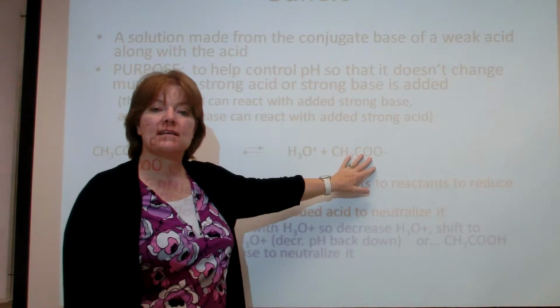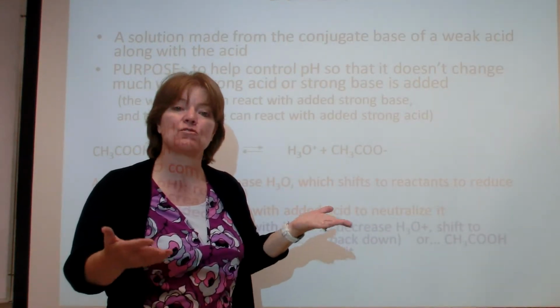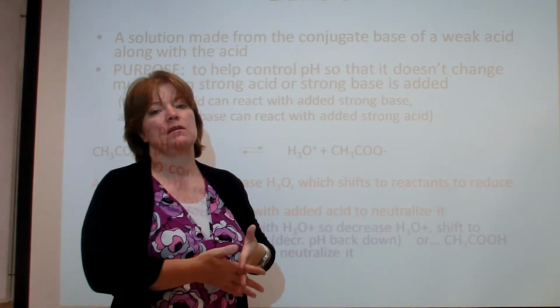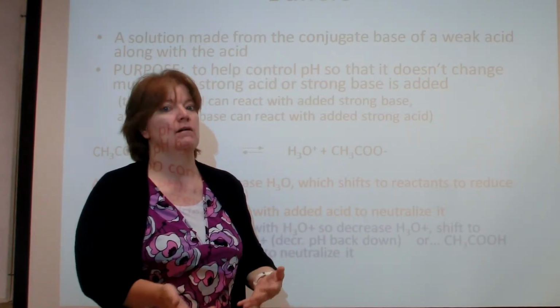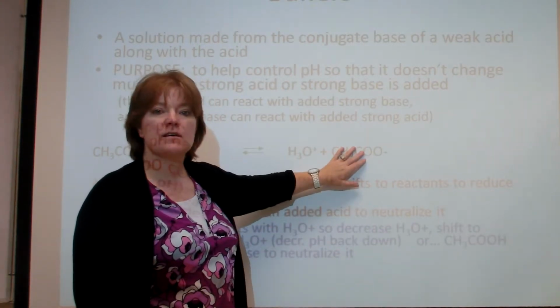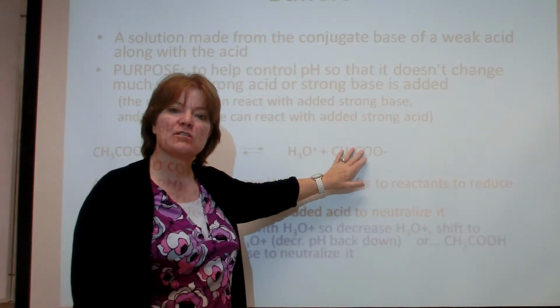So this base can now react with any added acid. Suppose I add hydrochloric acid, a strong acid. The base can react with it to diminish the effect of the HCl so that the pH will change, but not by very much. You might say, but what if you use it up? You don't have very much, it's a weak base.